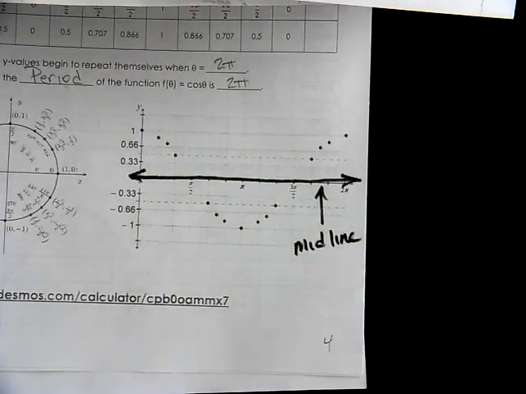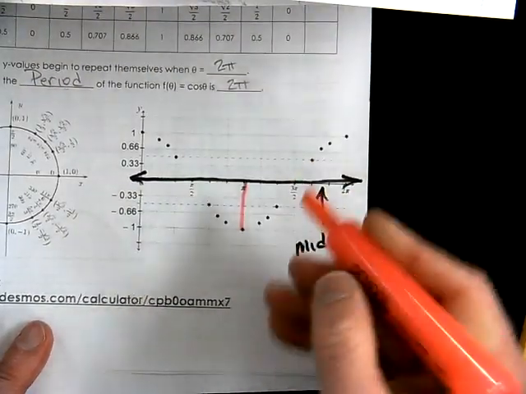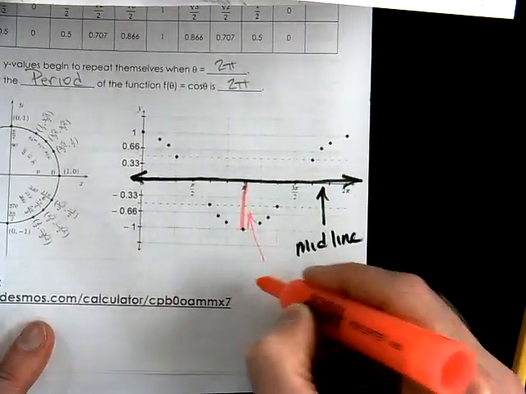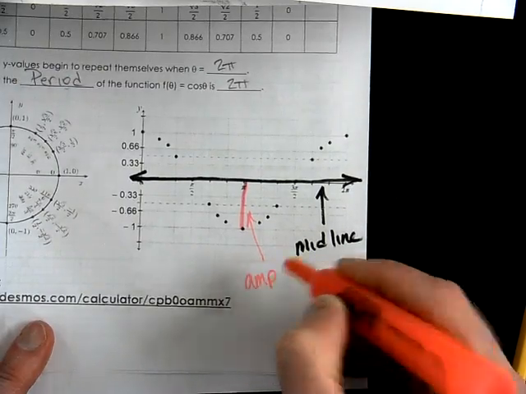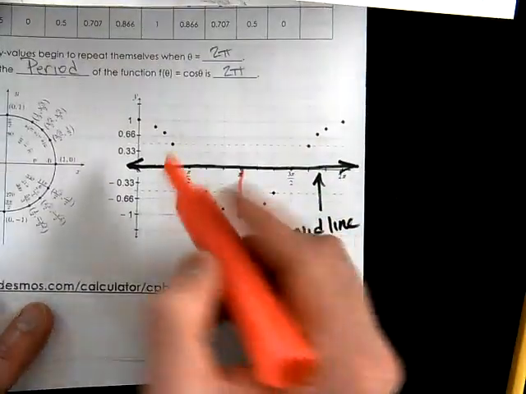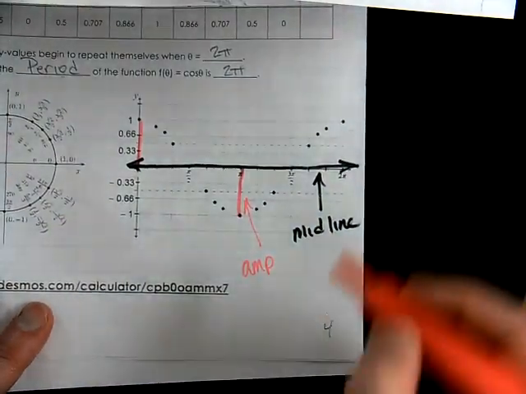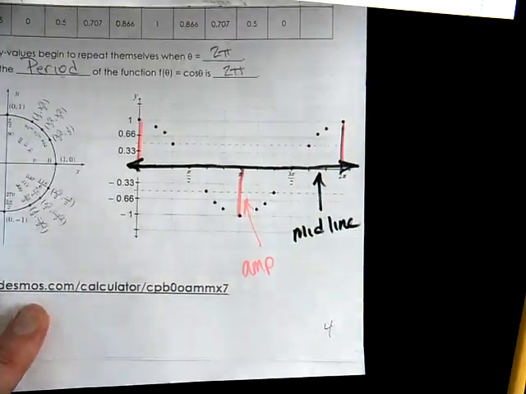So coming on back, this would be an amplitude, abbreviated AMP. This would be our amplitude also. That would be an amplitude.